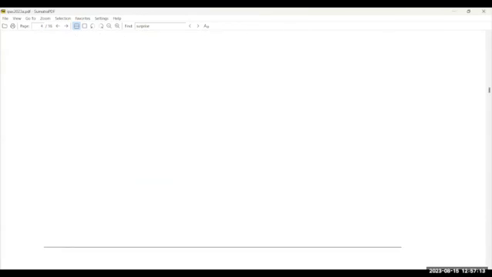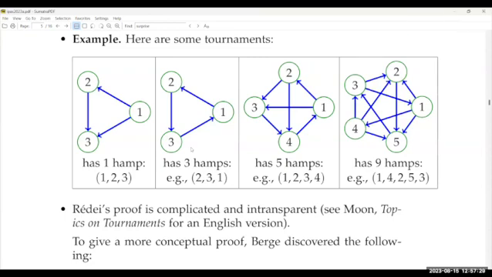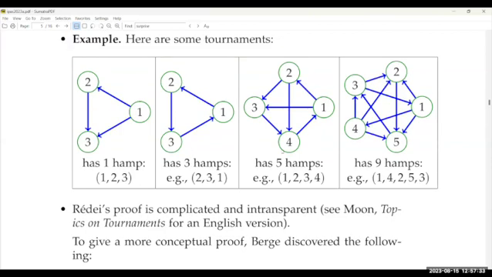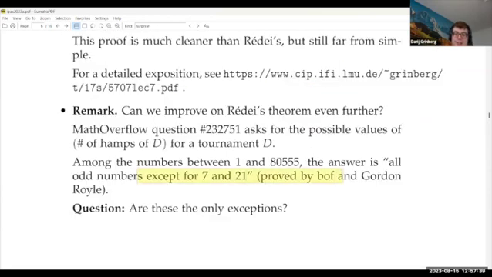I mean, here you have different cases. With 3 vertices, it can be 1, it can be 3. Yes, and of course this gap, where there is no 7 here, is an instance of this result by MathOverflow people.